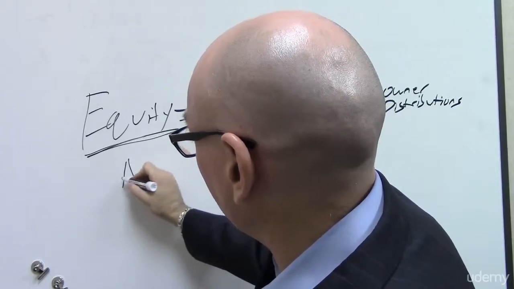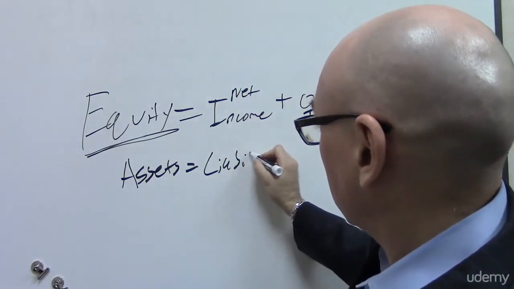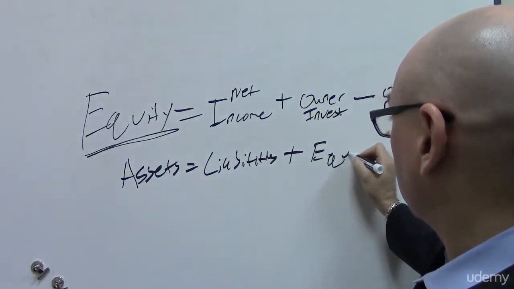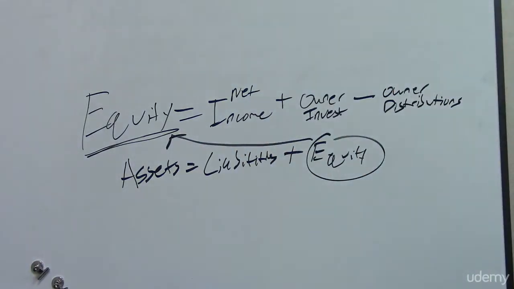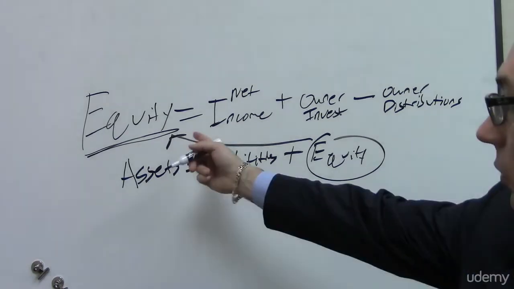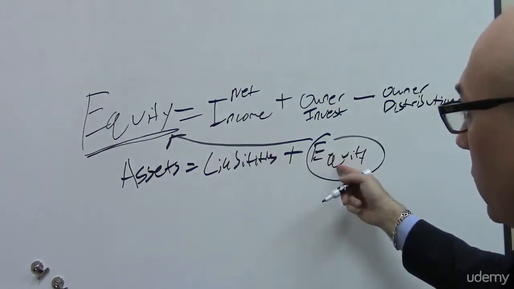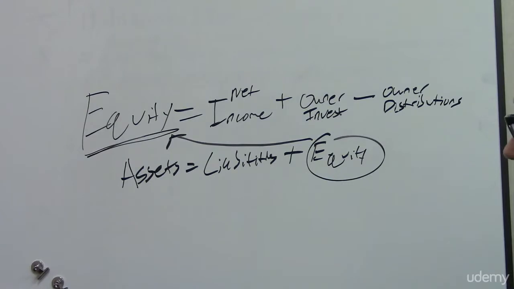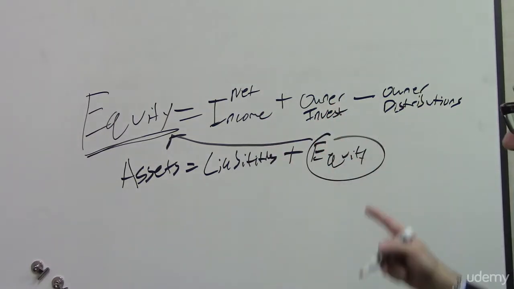And then remember our accounting equation: assets equals liabilities plus equity. Equity is net income plus owners' investments minus distributions to owners. Equity flows into the accounting equation. So equity has components such as net income off the income statement, owners' investments, and owner distributions.